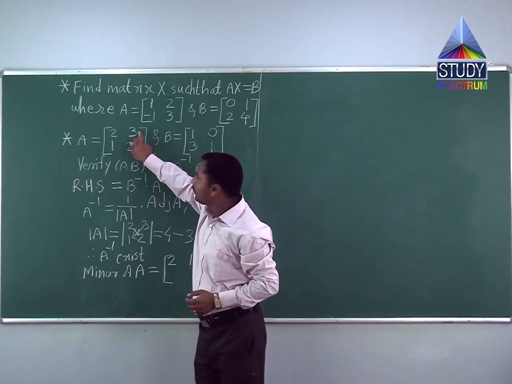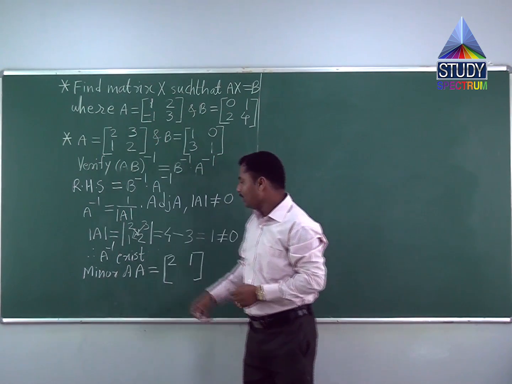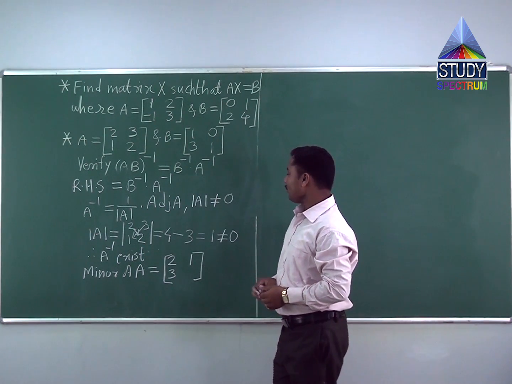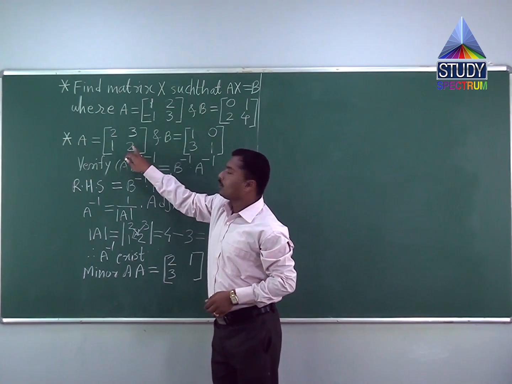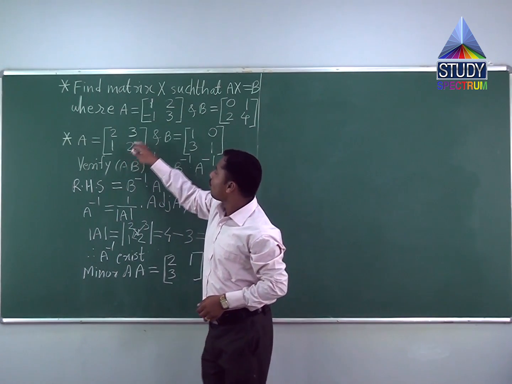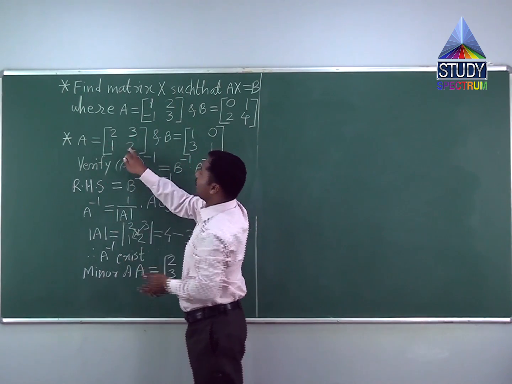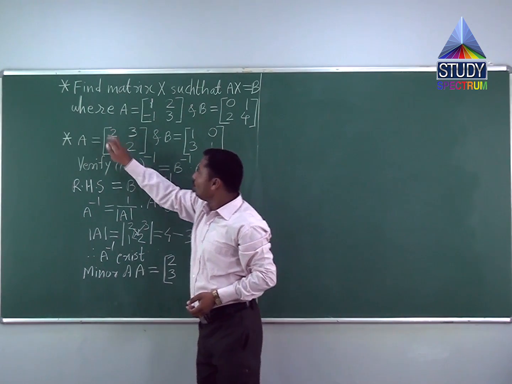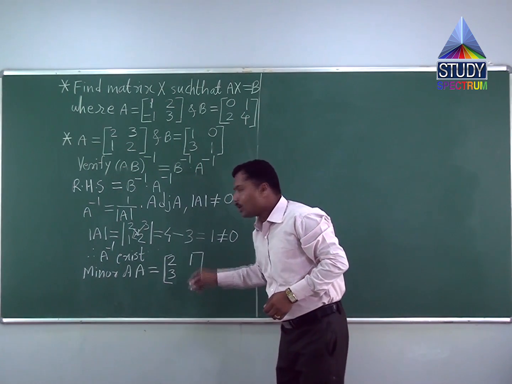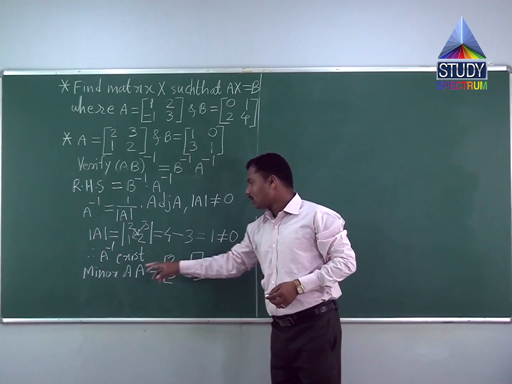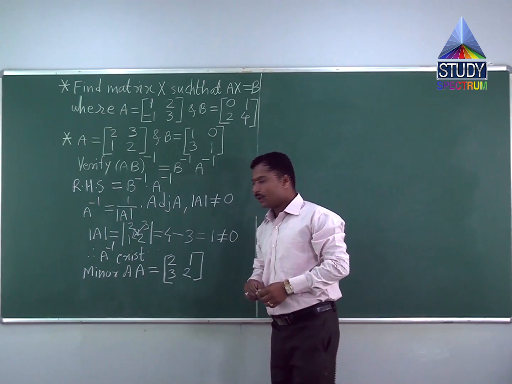So the remaining is 3, the determinant of this 3 is itself 3. Again, minor of this 2: delete the column and row passing through it. So what remains? Only 2, so the determinant of this 2 is itself 2. So this is our minor of matrix A.